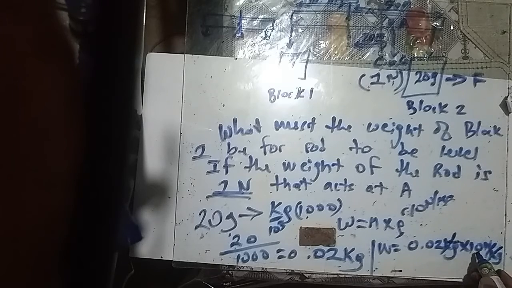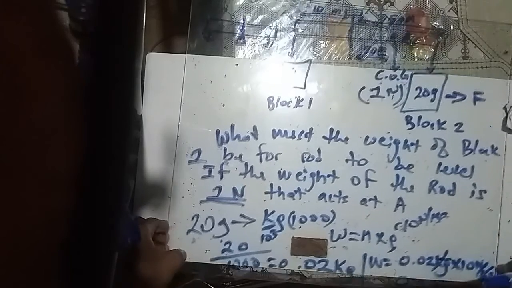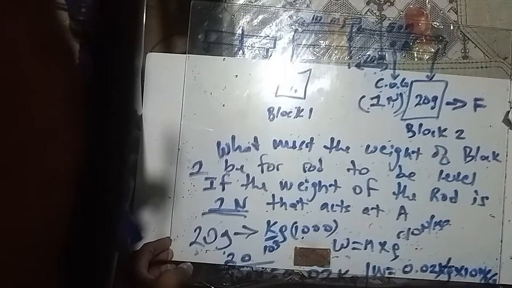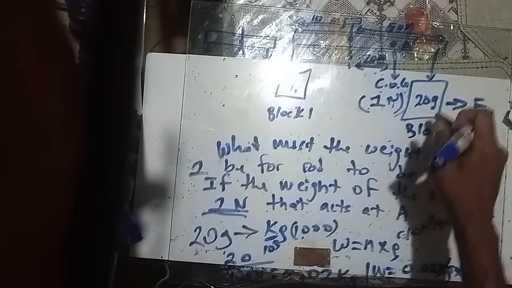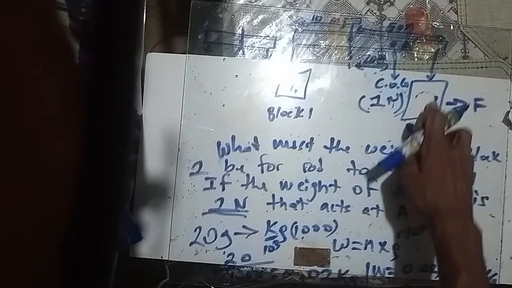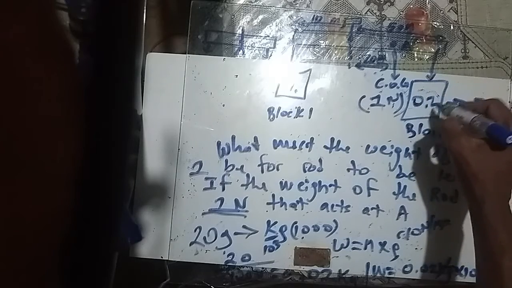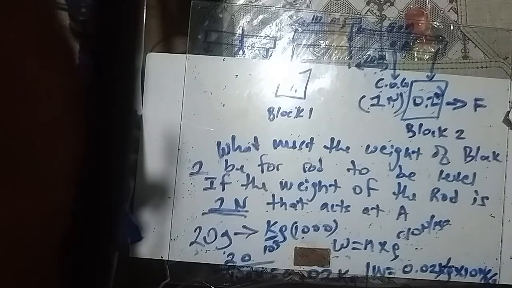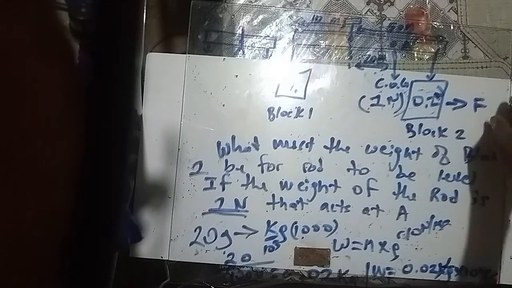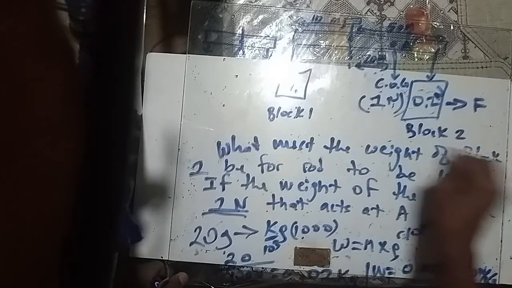And 10 times 0.02 is what? 0.2, and we care about the N because it never cancels, 0.2 Newton. Isn't that wonderful? Therefore, I now know, which is a 3-step approach, that my weight here, or my force here, of my 20 gram block is 0.2 newtons. Can I go ahead and do the calculation now? Of course I can.